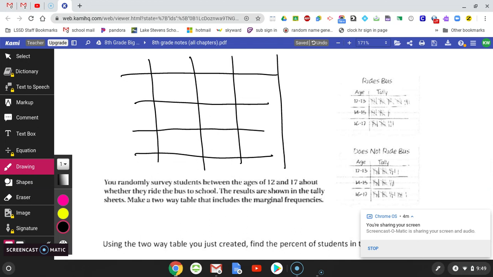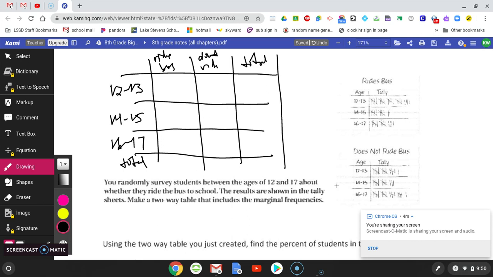Okay, so we have 12 to 13-year-olds, 14 to 15-year-olds, and 16 to 17-year-olds, and we'll have our totals. And we have ride the bus, and we have don't ride, and we have our totals.